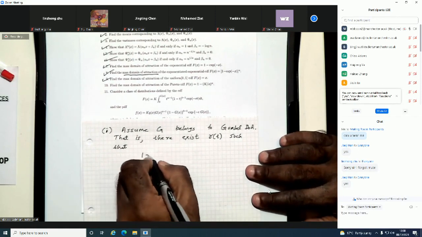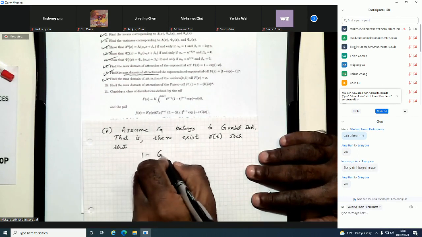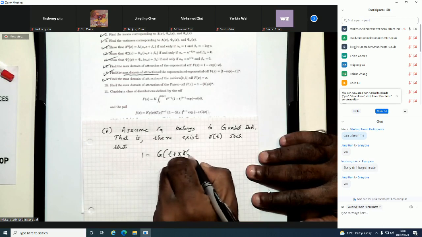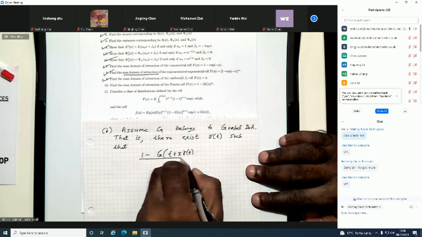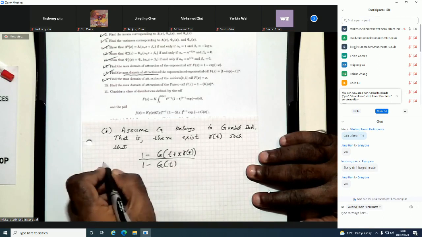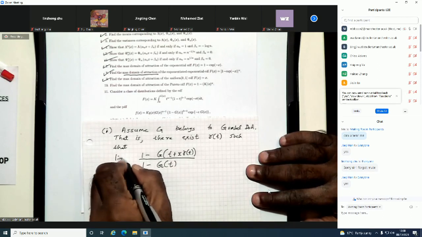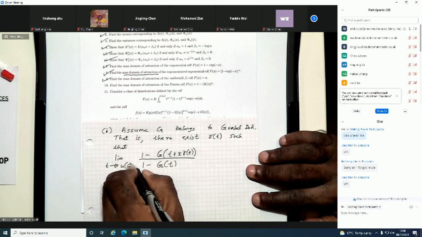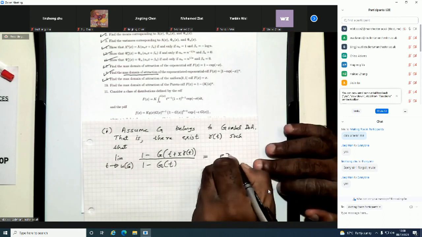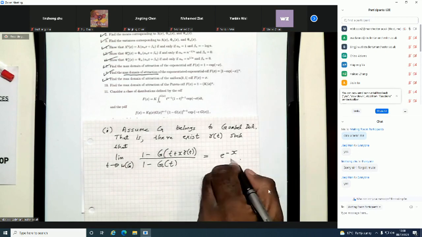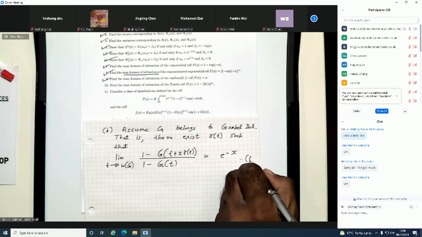That is 1 minus g of t plus x gamma of t divided by... Right. So let me call this star. We need this later, right?